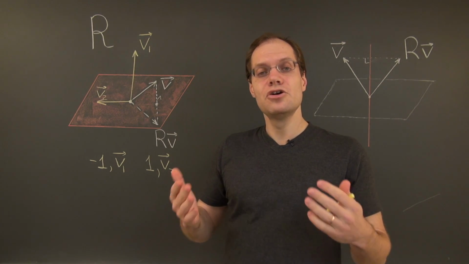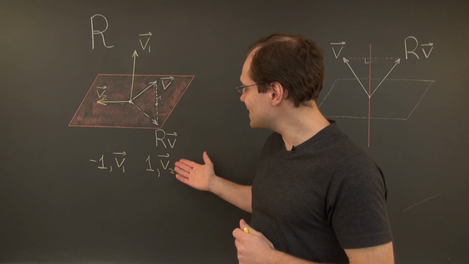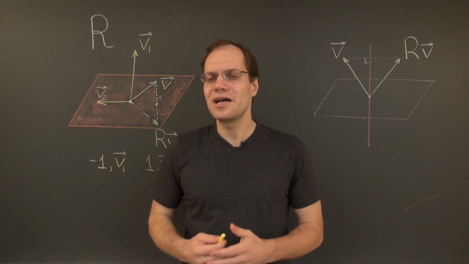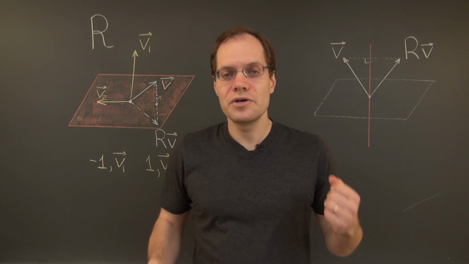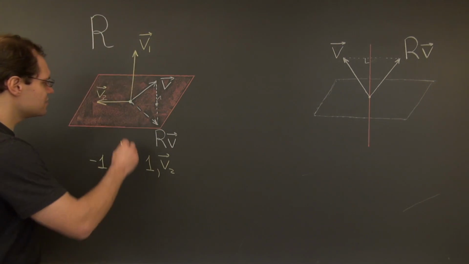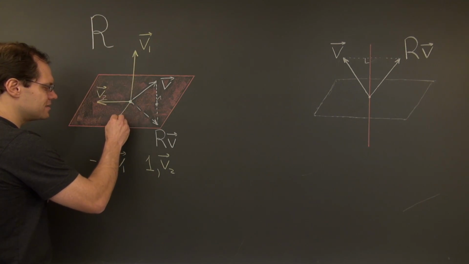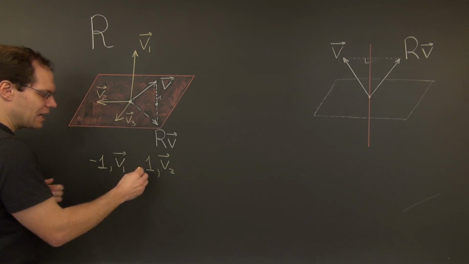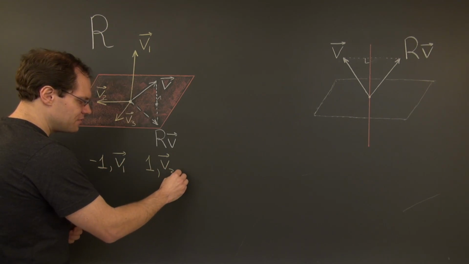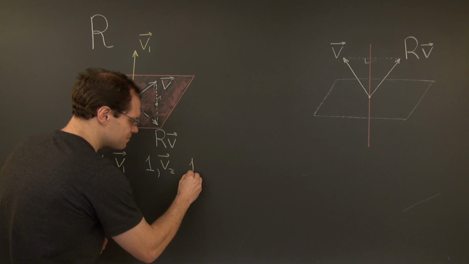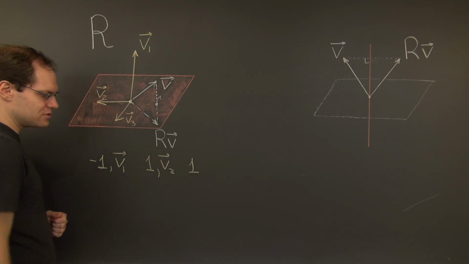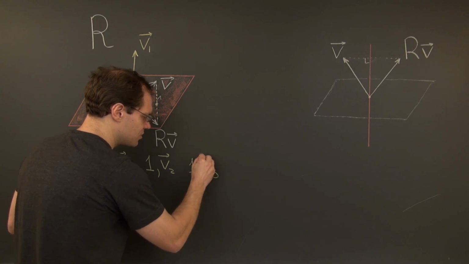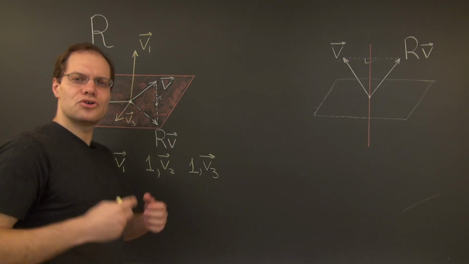Now, which vector should we choose as the second vector representing this eigenspace? Here we have complete arbitrariness. We can choose any vector as long as it's linearly independent from v2. Just to highlight the fact that 1 counts twice, I will write 1, 1 with v2, v3.